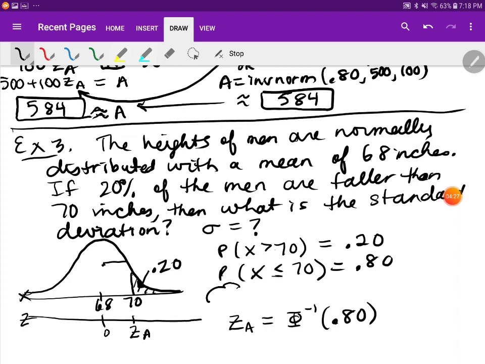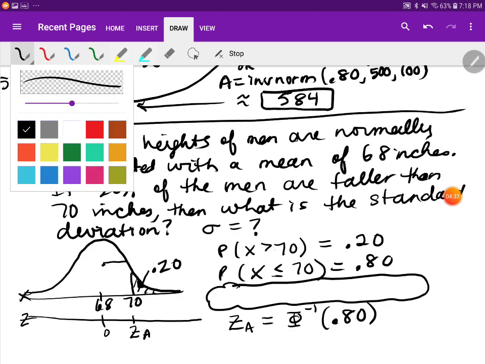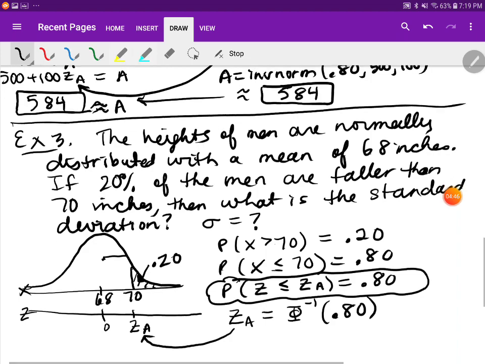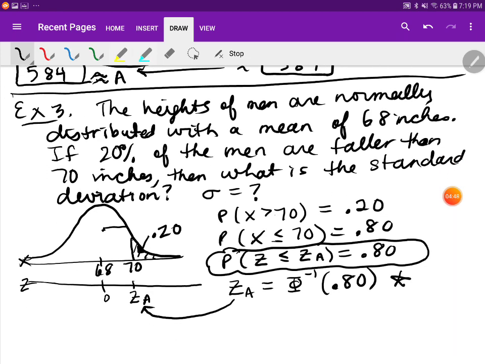If you skip this middle step because you can't remember exactly how to write it, that is okay, because you do have the picture where you indicate what ZA is. That would be the probability that Z is less than or equal to ZA. You saw that I almost wrote the ZA in the wrong spot, so it is unfamiliar. So it is important to write this step with the notation.